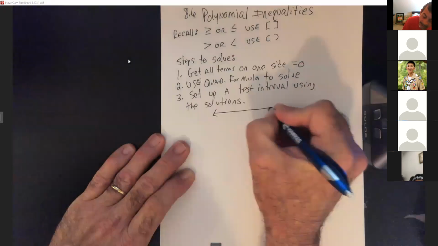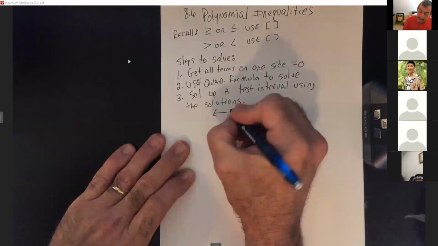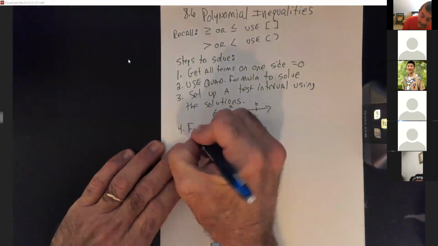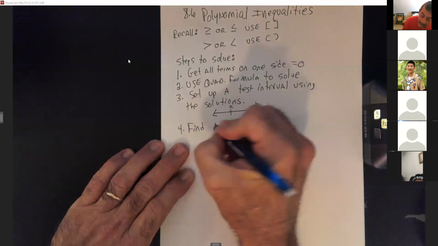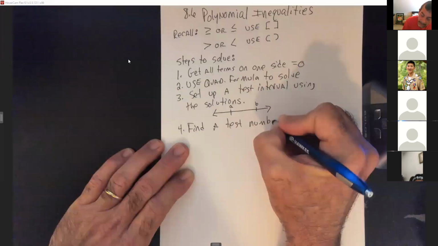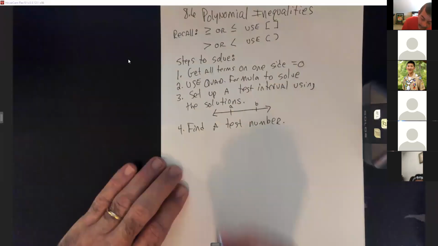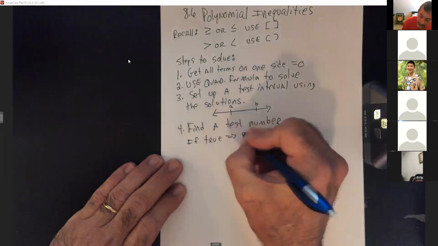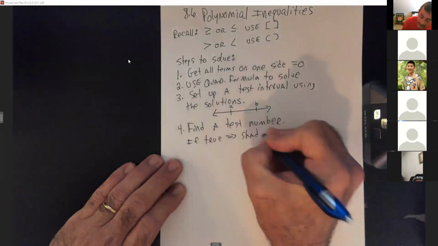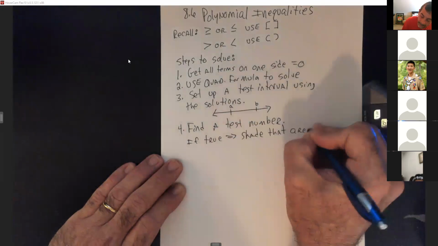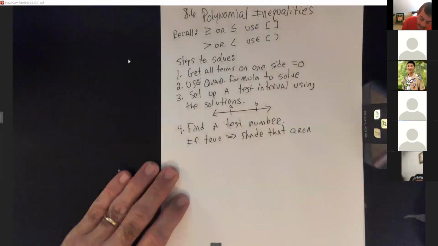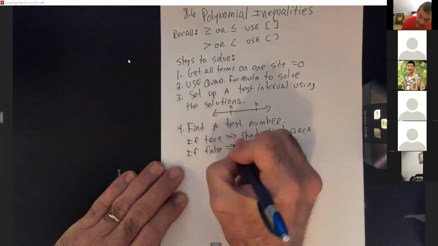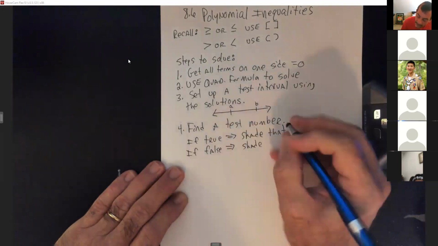I'll have two answers, an A and a B. I find the test number. If true, shade that area. If false, shade elsewhere.